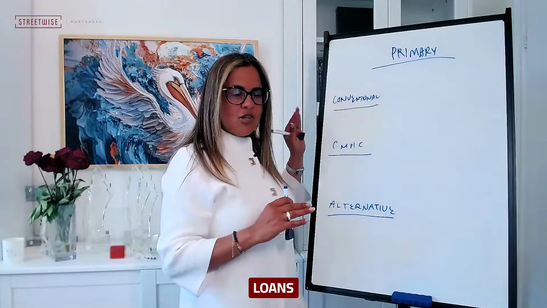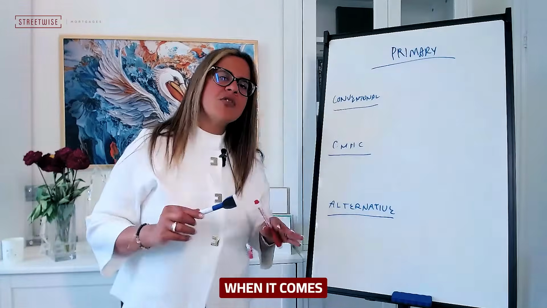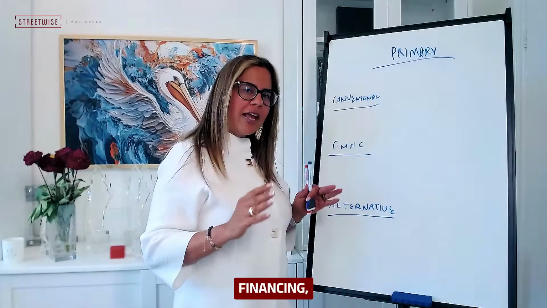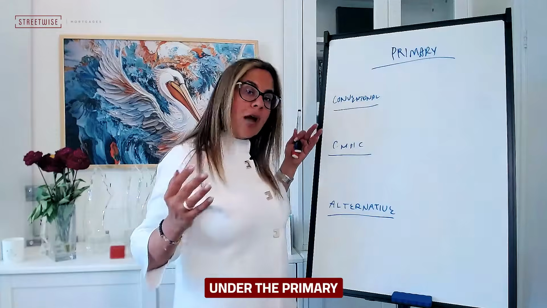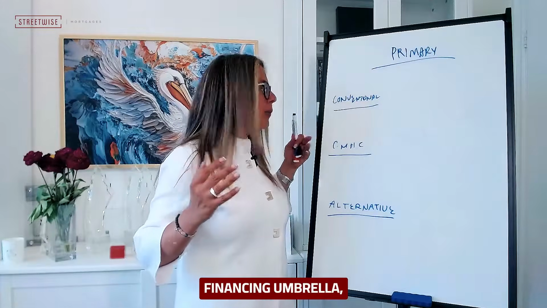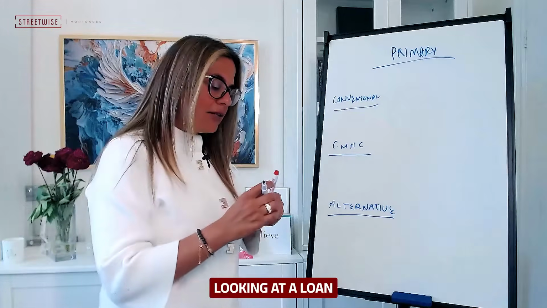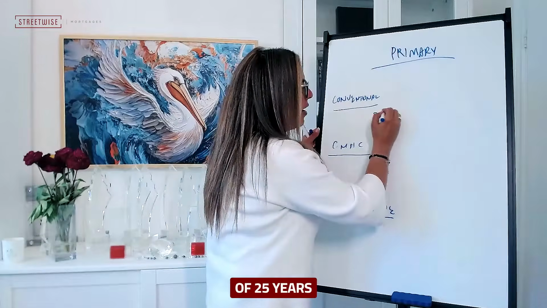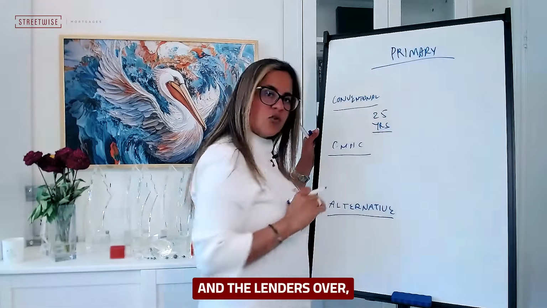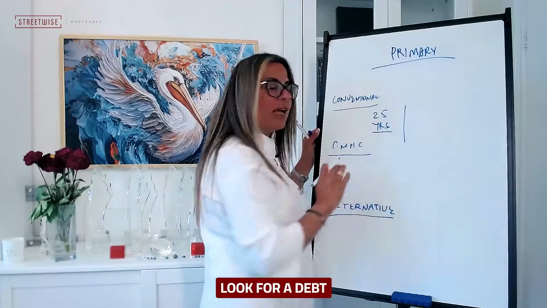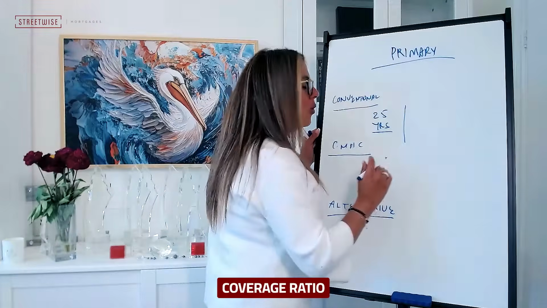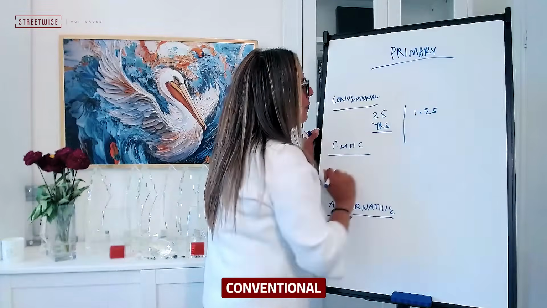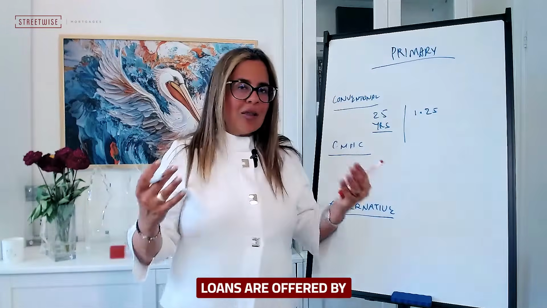For conventional loans under multifamily, when it comes to conventional financing under the primary financing umbrella, you would be looking at a loan with a maximum amortization of 25 years. And the lenders over here generally look for a debt coverage ratio on the property of 1.25. Conventional loans are offered by the banks.